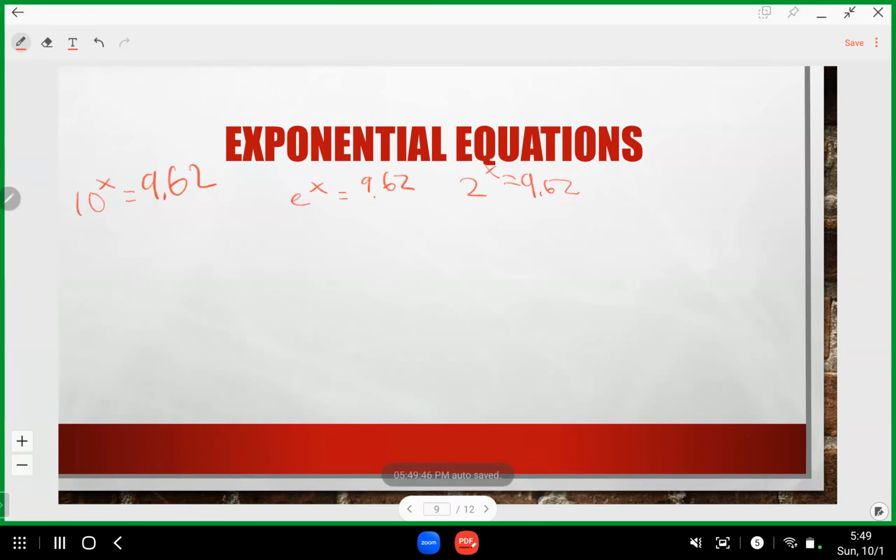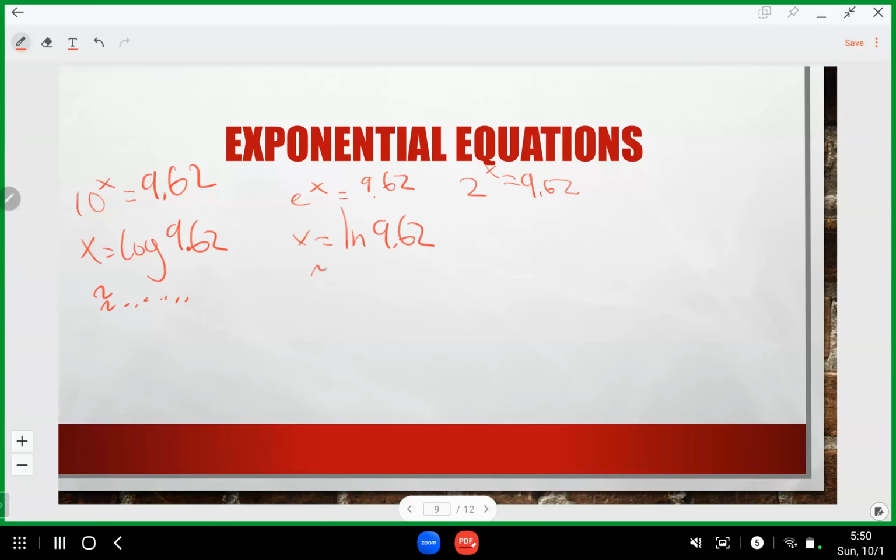You can always use your calculator, but just keep it in the exact form for now. Now for this next one, how would you do this? So it'll be x equals ln 9.62. So just leave it in exact form. So what about this one?